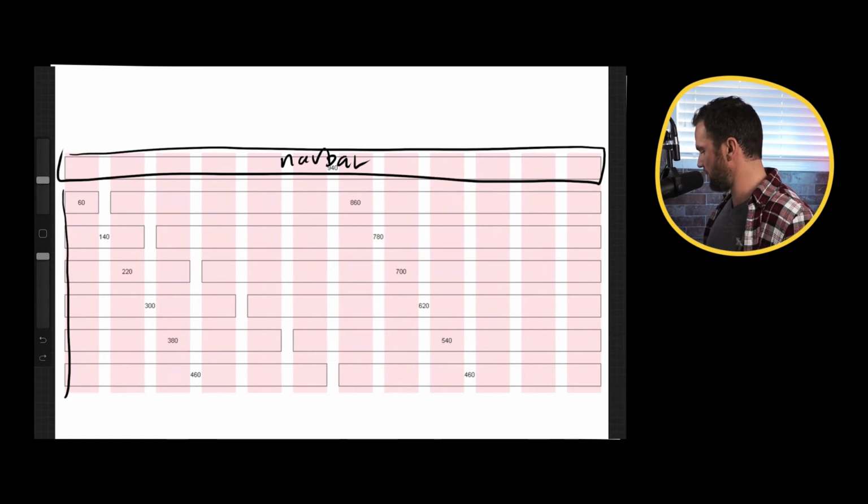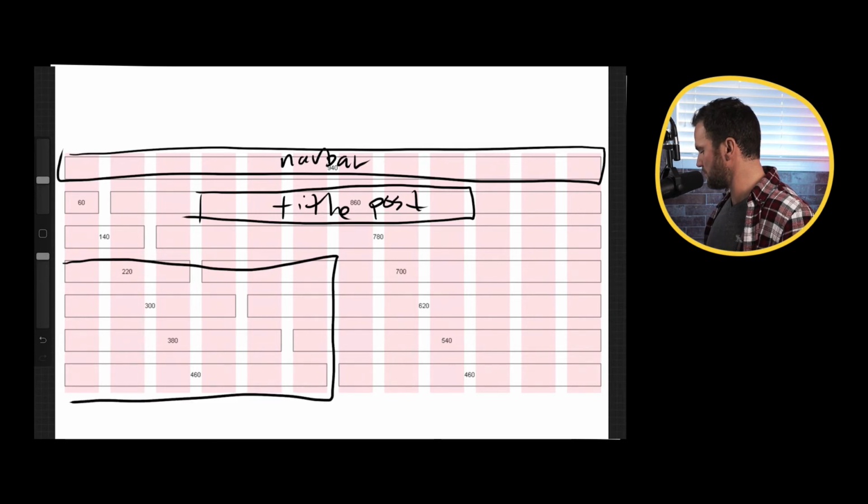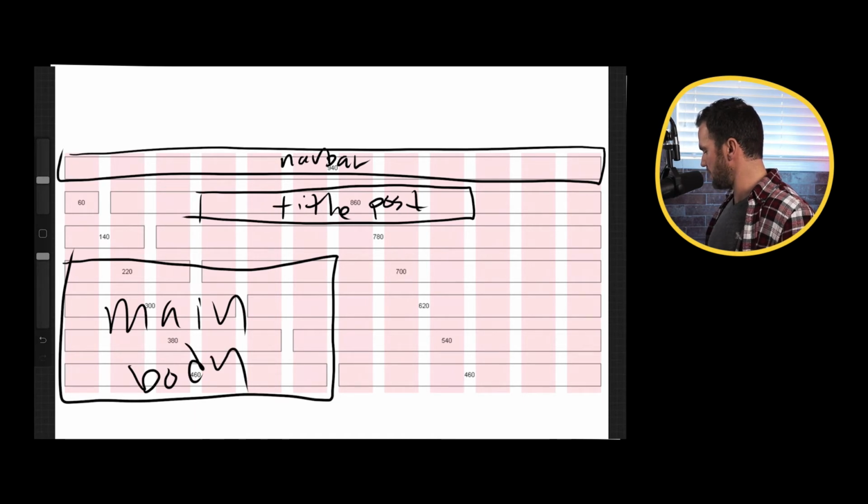We're going to say this section right here is going to be the title of the post, and then you've got the main body. Actually, the main body is probably going to be bigger.